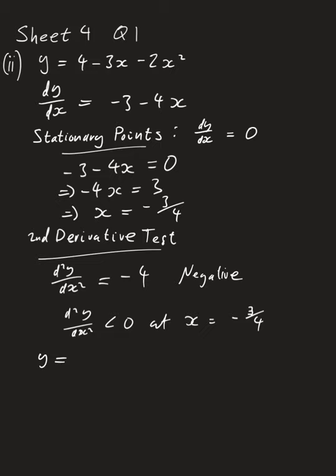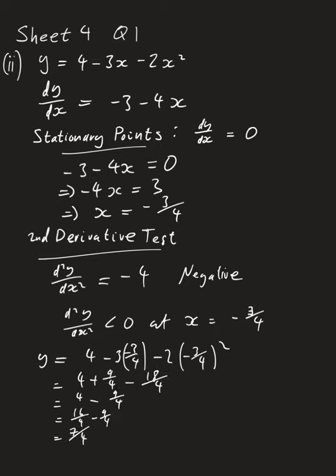So at this point, x is equal to minus 3 over 4, let's get y. y would be equal to 4 minus 3 times minus 3 over 4 minus 2 times minus 3 over 4 squared, which is equal to 7 over 4.